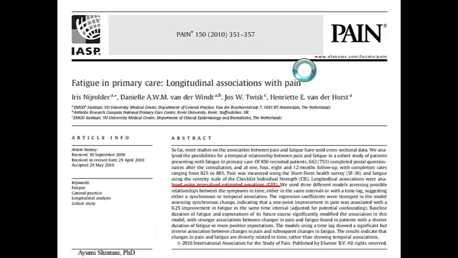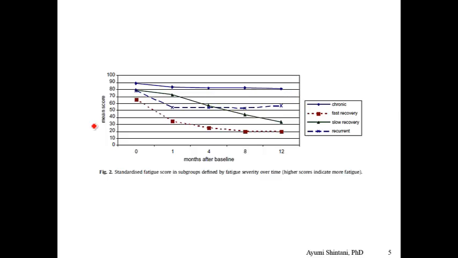So this is an example from a literature. This studied change in the pain score over time. As you see, the pain score is a continuous variable, and they showed how the pain score changed over time among 4 groups of patients.